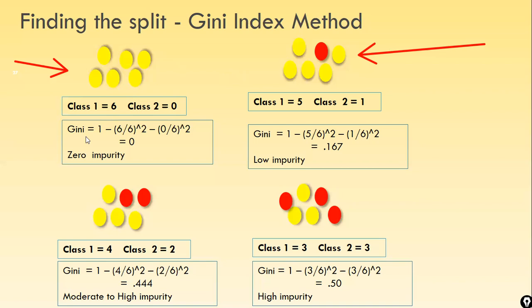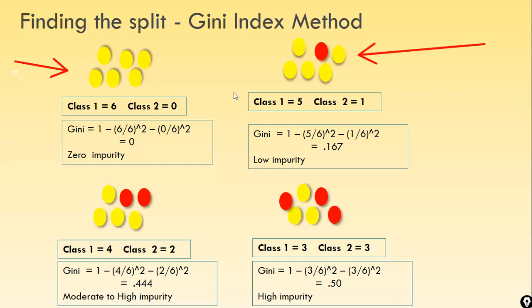So what is the formula here? 1 minus the probability of class 1 squared minus the probability of class 2 squared. Out of the total number of values, how many are class 1? 6 out of 6, squared.